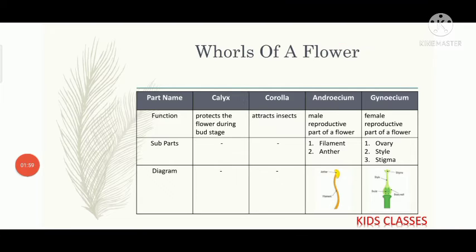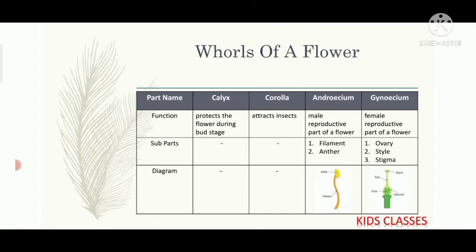Now come to androecium. What is androecium? So it is the third whorl of a flower. It forms the male reproductive part of the flower. It consists of various stamens, or we can say microsporophyll. Okay. And androecium is made up of two parts. So what are the parts?